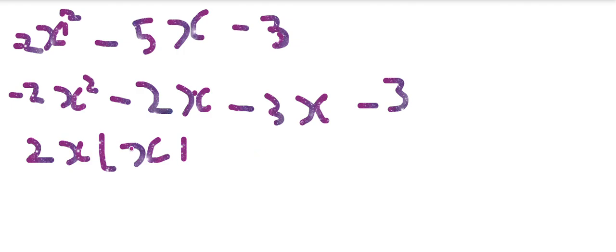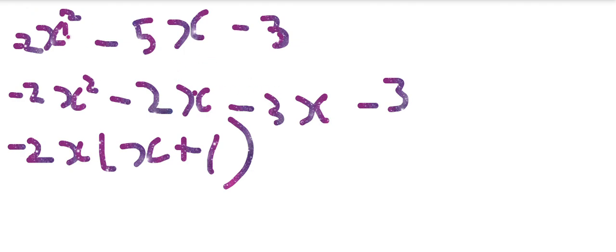So now I will make this 2x negative because negative 2x is common in both, and I would make it plus 1 because the sign would change when it multiplies with it. When I multiply negative and negative, it would become positive. So that means this one would change to positive 2x.